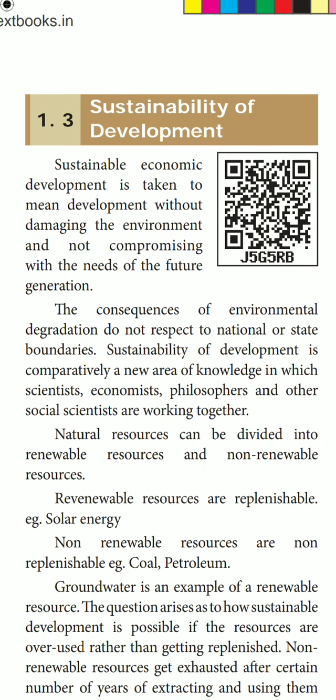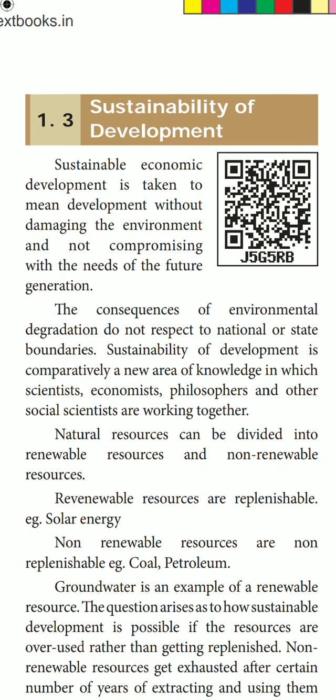So, there is one question also, Roman number 5, question number 1: describe the policies for sustainable development. Sustainable economic development is taken to mean development without damaging the environment and not compromising with the needs of the future generation. That means what?